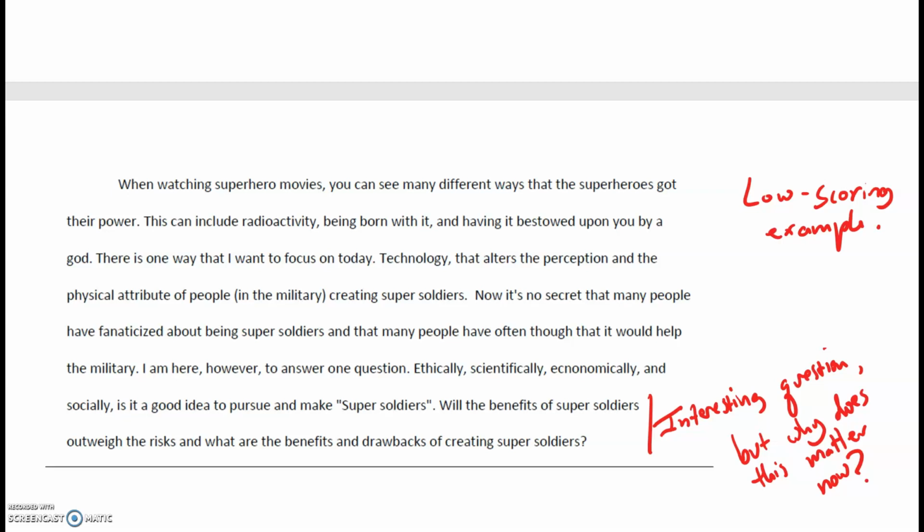So this one has just now introduced his topic, or her topic, probably his. I know that's stereotyping, but I'm going for it. So super soldiers, enhanced soldiers, using technology to give them perhaps greater strengths or greater perception and so forth. So the problem, of course, is that we've begun by talking about superhero movies.